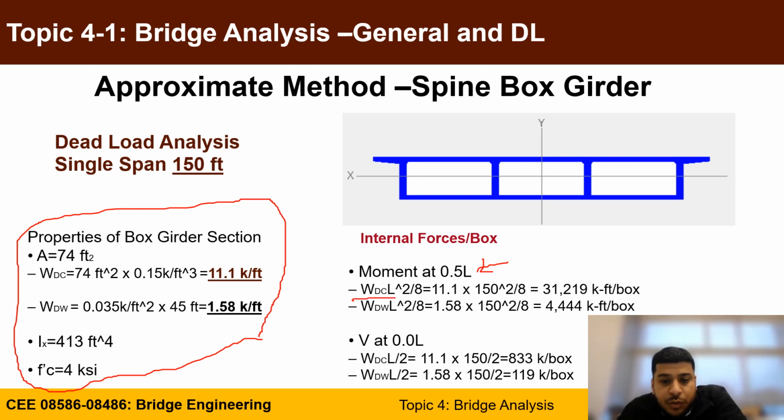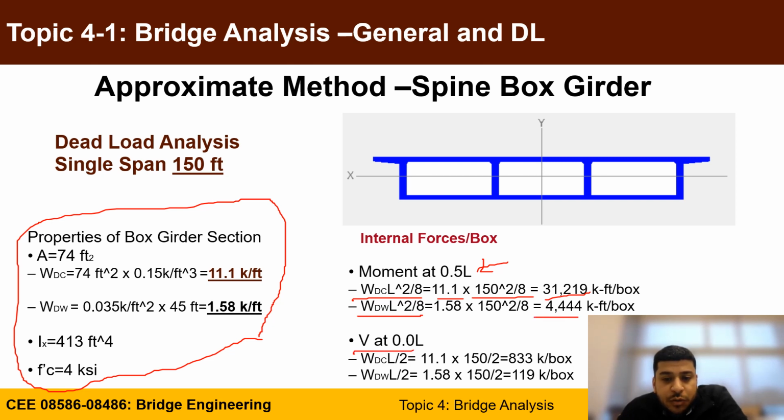You can use WL square over 8 for the moments for both DC and DW. So you multiply the uniform load from DC, 11.1, times 150 square over 8, and you get 31,219. And for DW, you get 4,444.